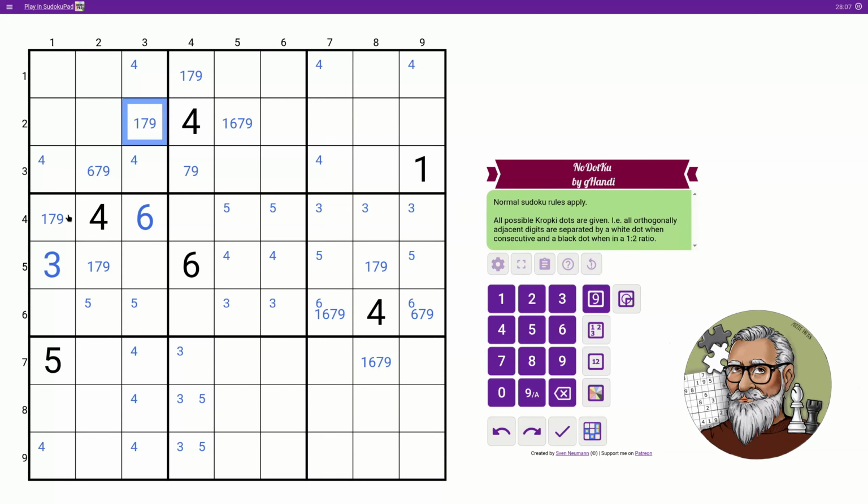The fact that it's next to the other 6 makes it less impressive. Yes. We already knew that these couldn't be 3, 5, or 7, right?